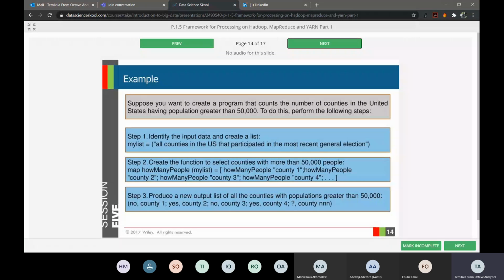So the second condition is, since we know the number of eligible voters per state, now we want to know those states that have a population more than 50,000. Then identify the number of eligible voters that they have in those states. So that's when you have something like this.